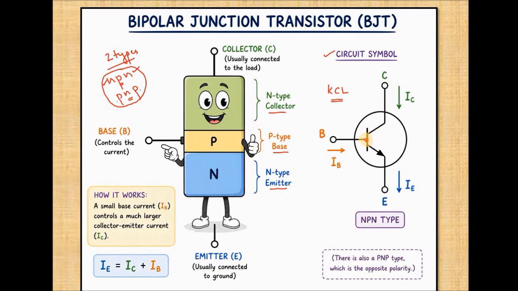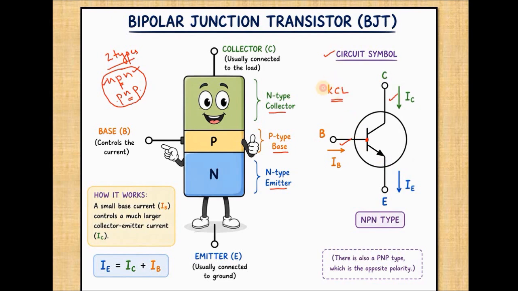If we consider this to be a node, we can clearly observe that IB is the base current which enters, and similarly IC is the collector current which also enters the node, whereas IE is the emitter current which leaves the node.